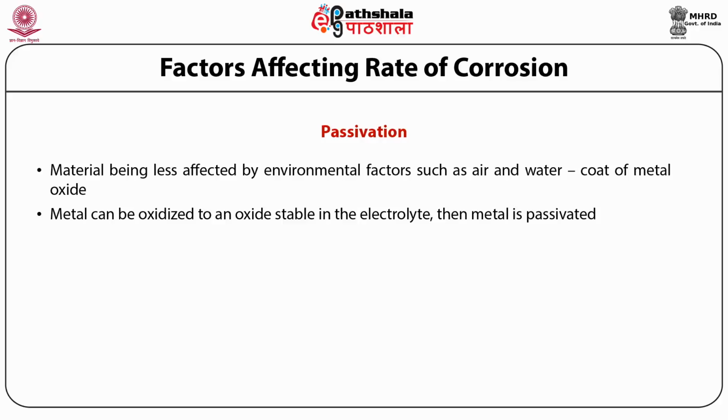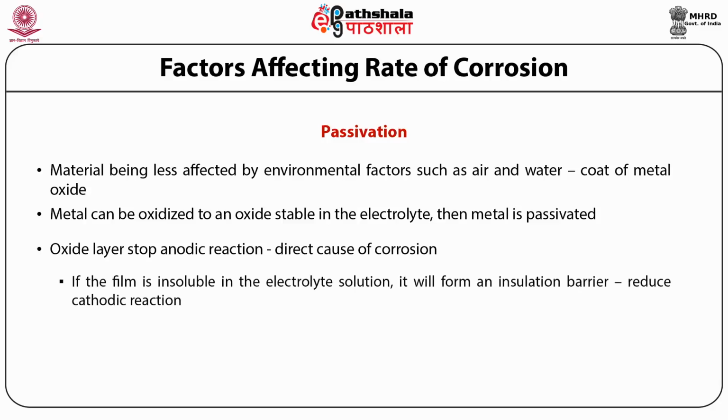Passivation usually requires strong oxidizing conditions. Thus, corrosion resistant metals and alloys can withstand an aggressive environment because of the presence of thin films of adherent oxide on their surfaces. The oxide layer will completely stop the anodic reaction, which is the direct cause of corrosion.